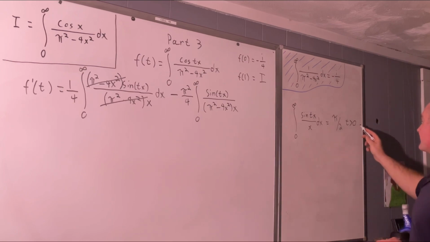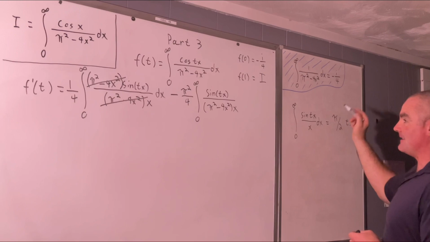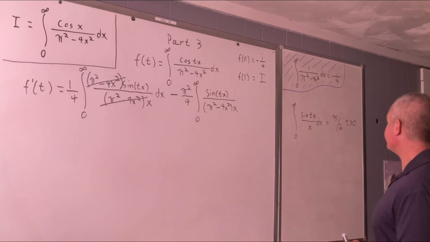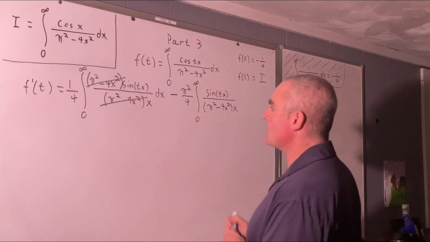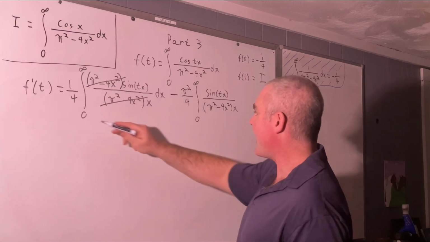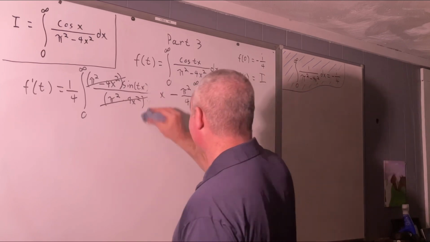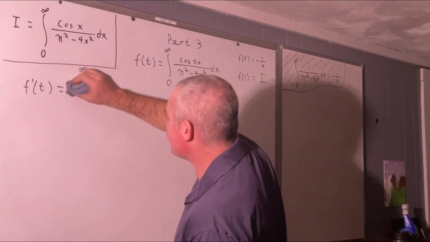Important, t greater than 0. If t equals 0, this thing is 0. Okay. So, as long as t is not equal to 0, this entire thing is just going to be pi over 8. So we're just going to erase that and literally put pi over 8 in its place.